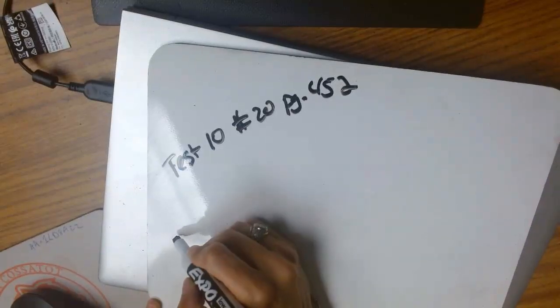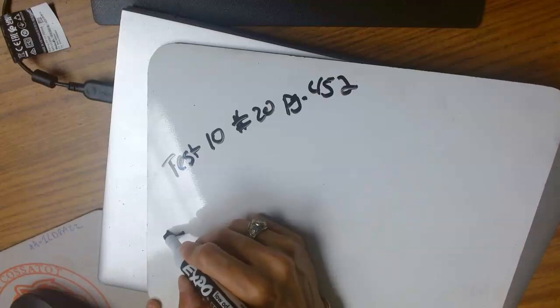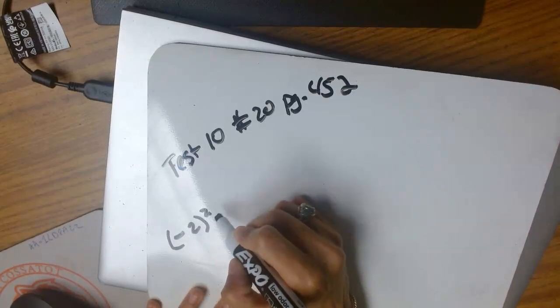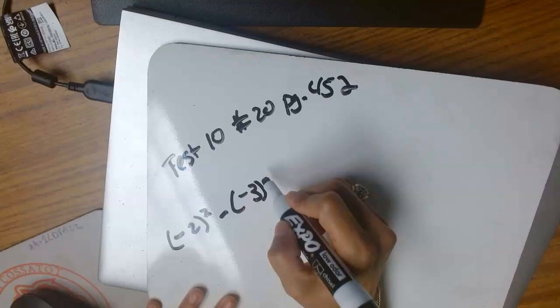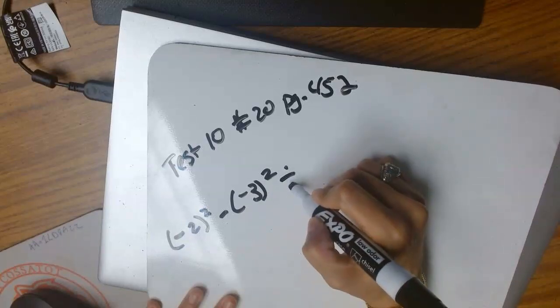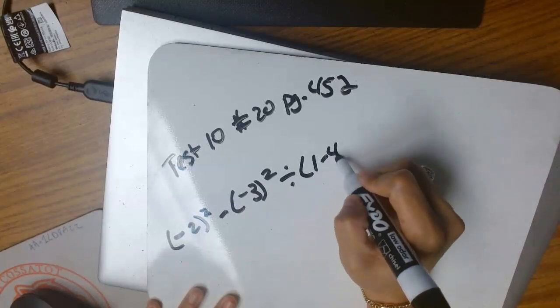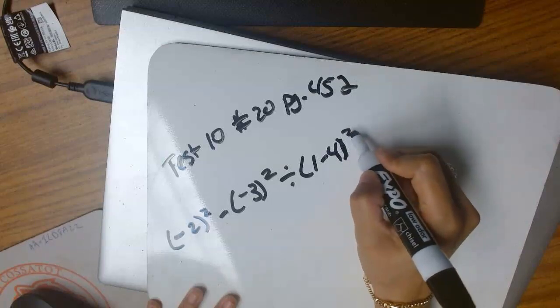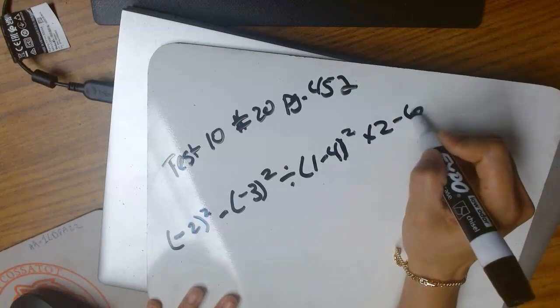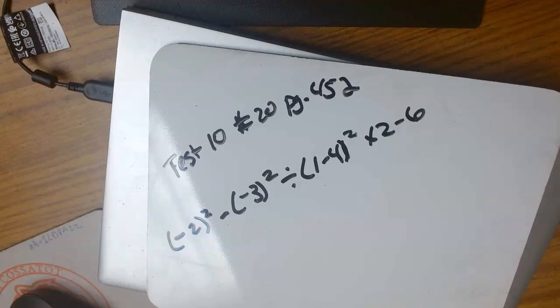This one is asking you to simplify. That looks like a lot, doesn't it? So you've got to take it step by step.